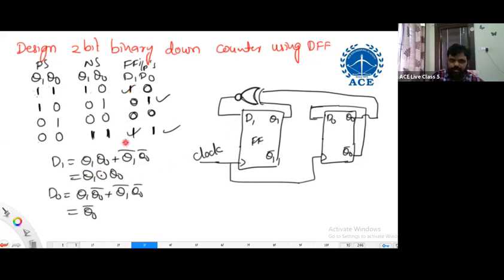Reason is these two are one, Q1 Q naught 1 1 and Q1 Q naught 0 0. That is the reason: Q1 Q naught plus Q1 bar Q naught bar, which becomes Q1 XNR Q naught. What about D naught? These two are 1: 1 0 and 0 0. That means Q1 Q naught bar plus Q1 bar Q naught bar, which is Q naught bar.